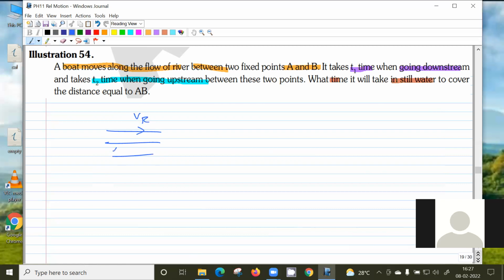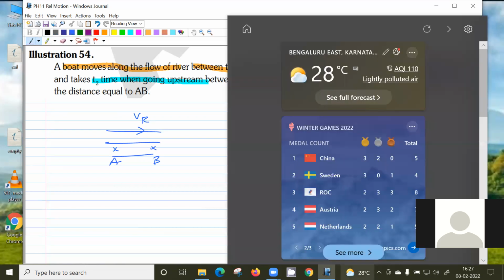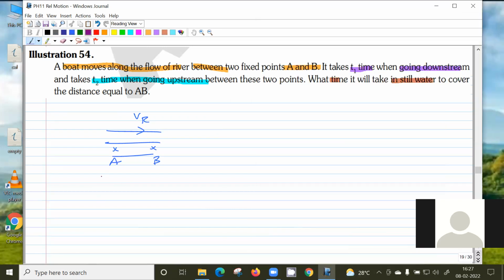So two points, A, B. So in the first case, okay, we have to go in the frame attached to the river bank.